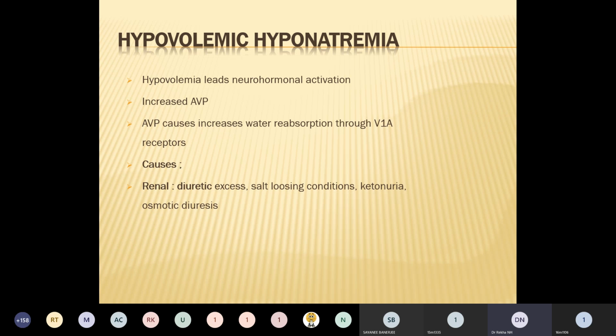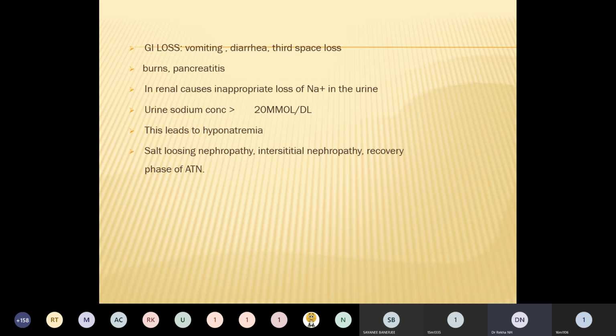AVP causes water reabsorption through V2 receptors, so there is a dilution. Causes are mainly renal and GI. Renal causes are diuretic excess and salt losing conditions. GI losses are vomiting, diarrhea, third space loss, and also in patients with burns and pancreatitis.